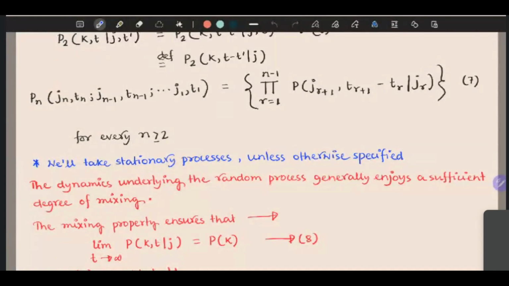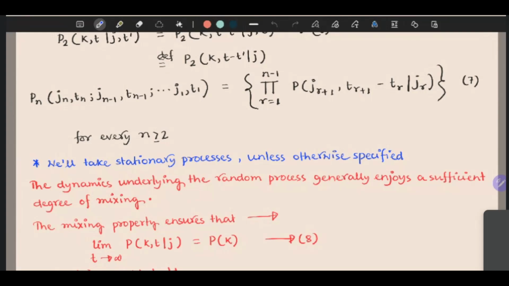Okay, so we first defined the joint probabilities for different cases, and then we last talked about those stationary processes.